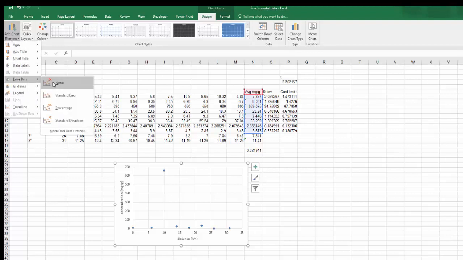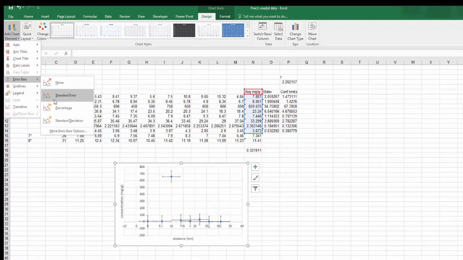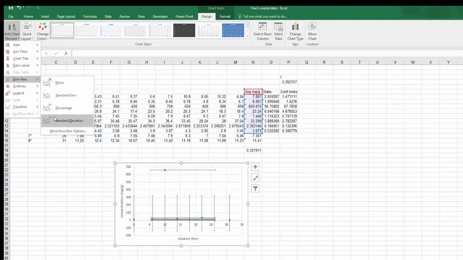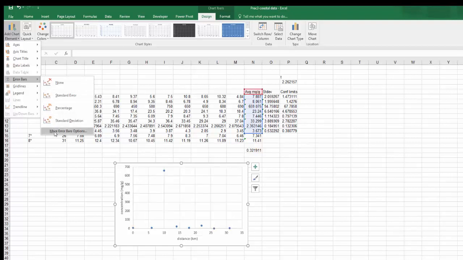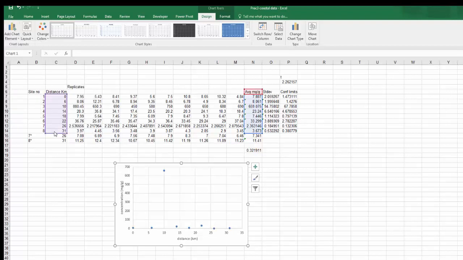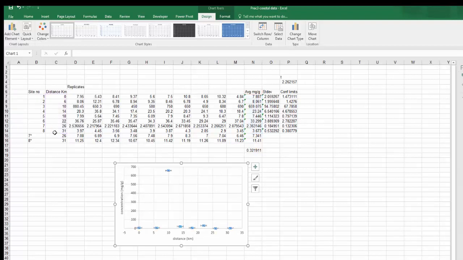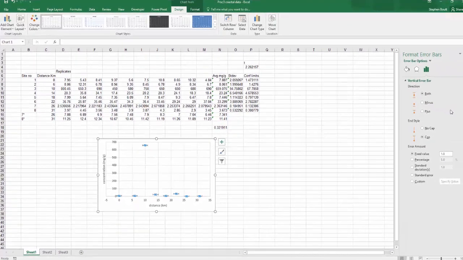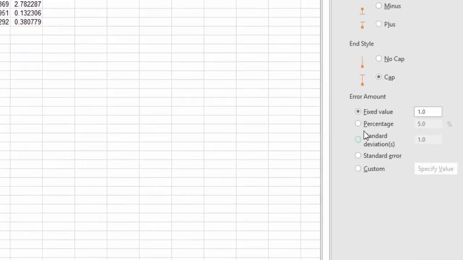We don't want to use any of these that have been pre-calculated because we've already worked out our confidence limits, which is what we want to transfer on. So we can select more error bar options, and again, we don't want percentage or standard deviation or standard error.